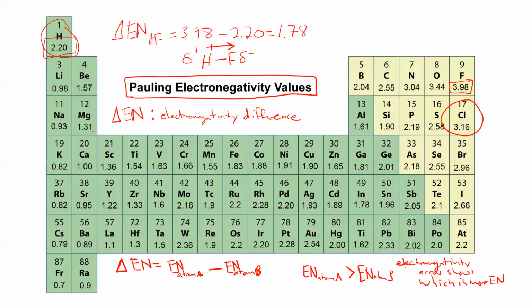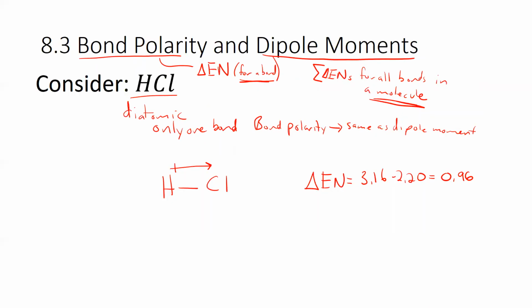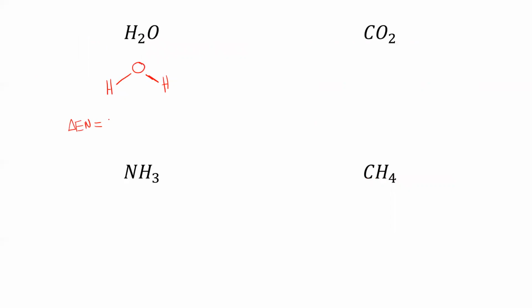Well, oxygen, we'll go back up here. Oxygen's the second most electronegative element. Right? Fluorine is the most electronegative element. And so for that, we can say, well, 3.44 minus 2.20. So you get a value of 1.24.